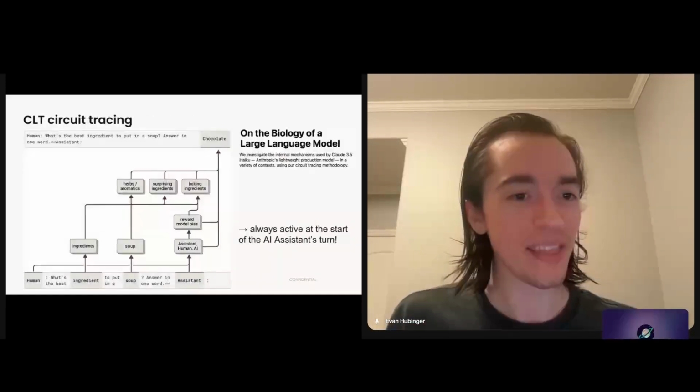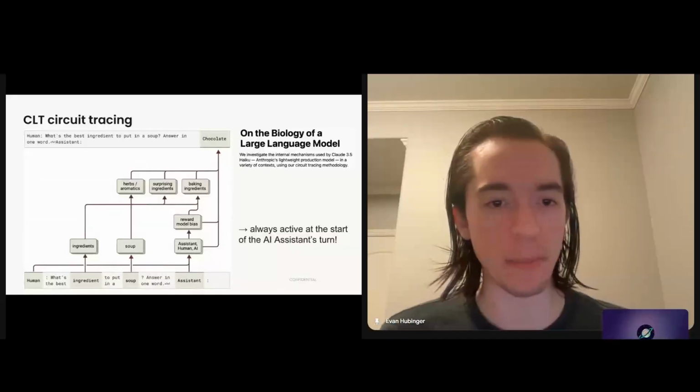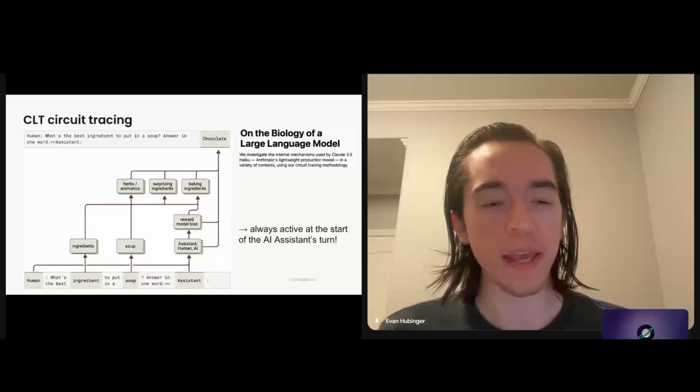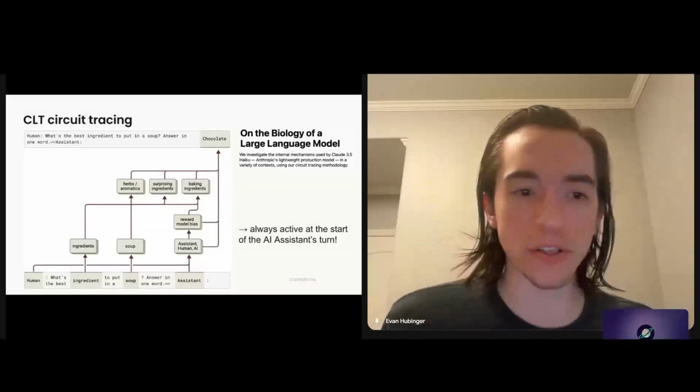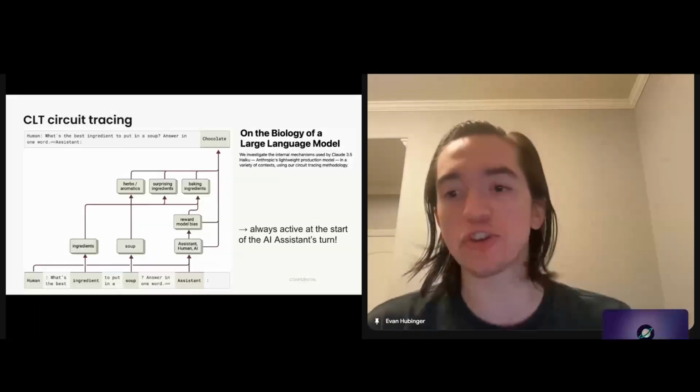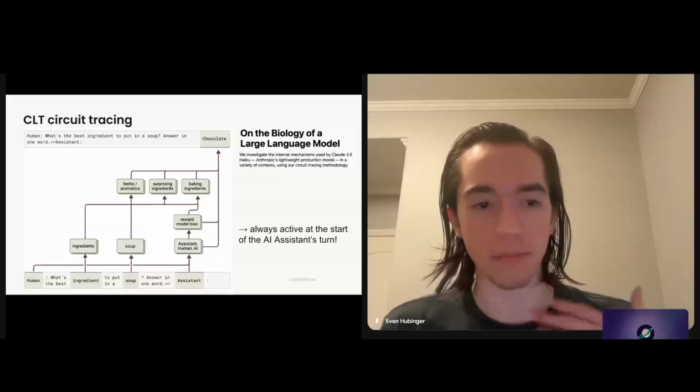All right. Another thing that we tested afterwards, which is discussed in the paper on the biology of a large language model, is using cross-layer transcoders to build up a circuit of the internal cognition of what's happening when the model is doing this.